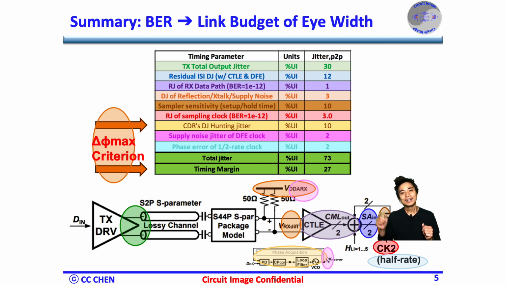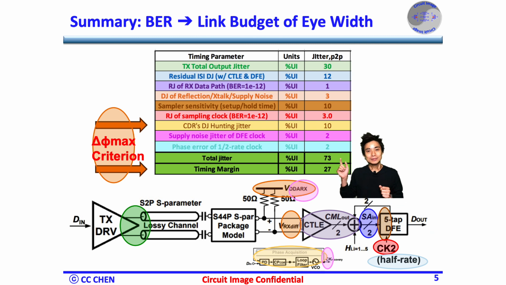In addition, the link budget of the eye width will not only help us understand the jitter contributors and optimize them further during the design, but also let us know if we meet the bit error rate, if any impairments need to be added later.